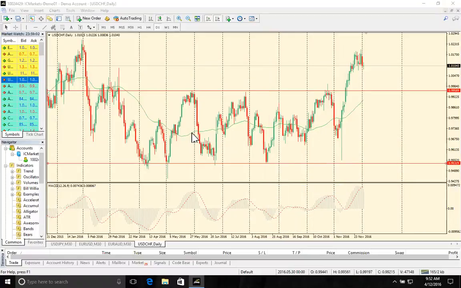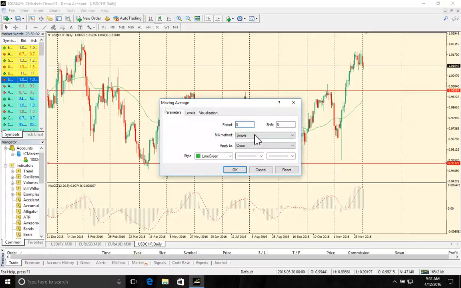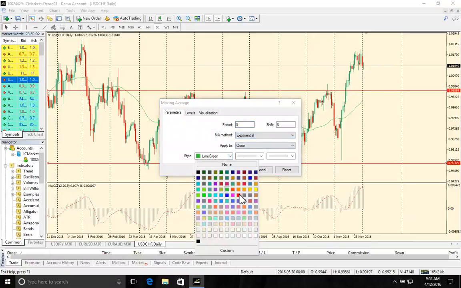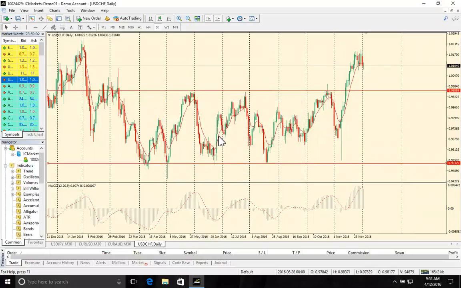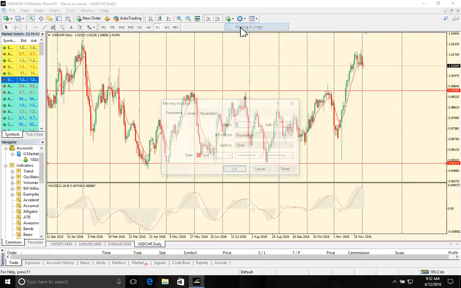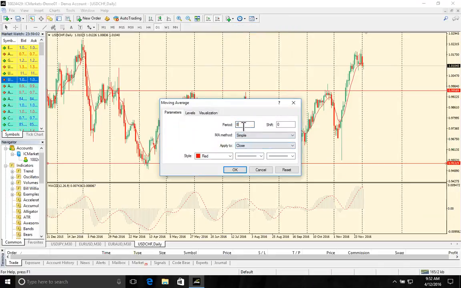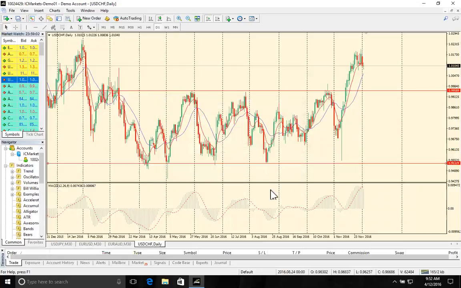Okay, so the moving average they use is an 8 exponential moving average. We will make it red. And he also used another moving average, I think 18, yes. I will color that one purple, let's say. If the 8 moving average moves above the 18, and the price is above the red line, histogram is above the red line, then that's your buy signal, right?